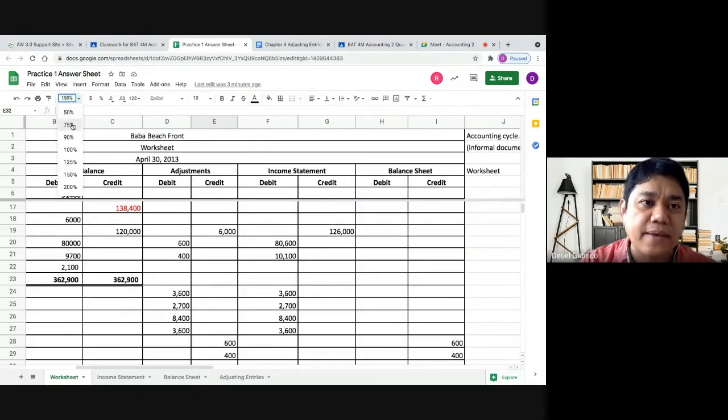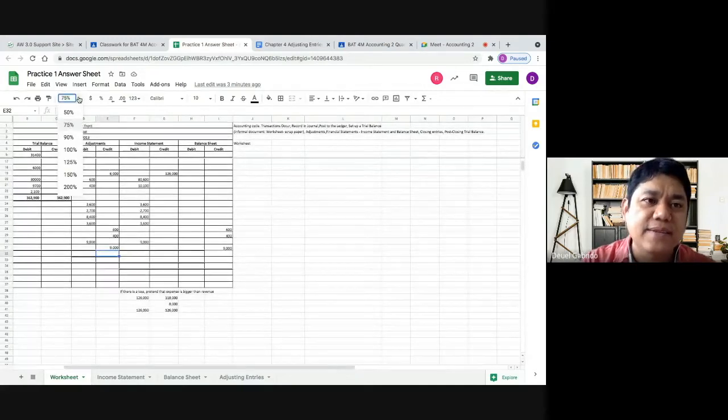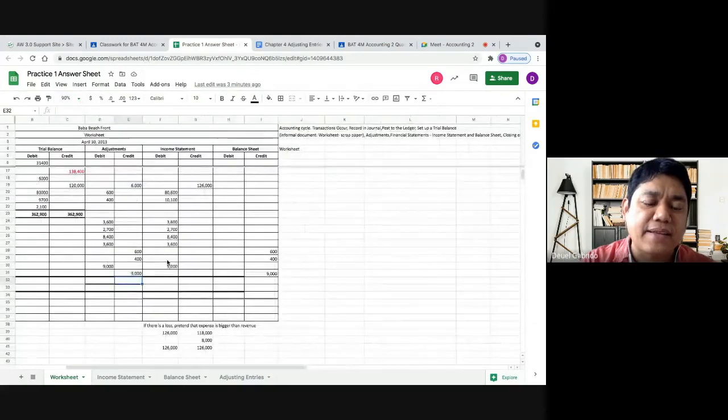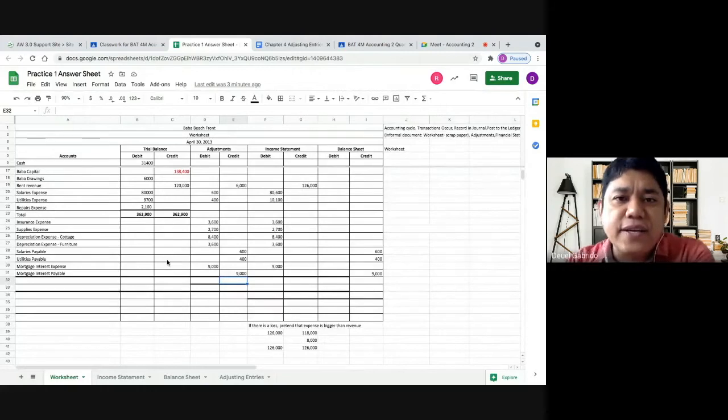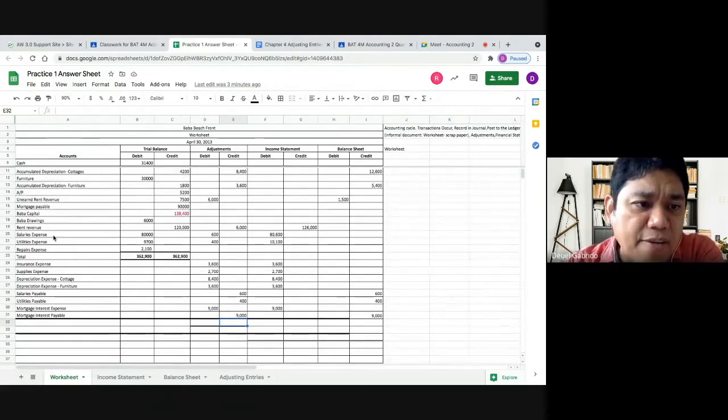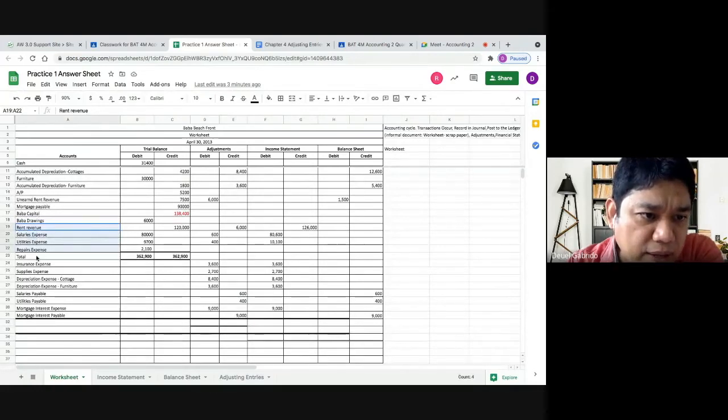Okay, wait. Okay, let's move it first. Okay, so in the income statement, guys, what do we have? We only have your revenue from here and all the expenses, right? All the expenses. The payable, no, they should not be part of that. Okay, so let's begin.